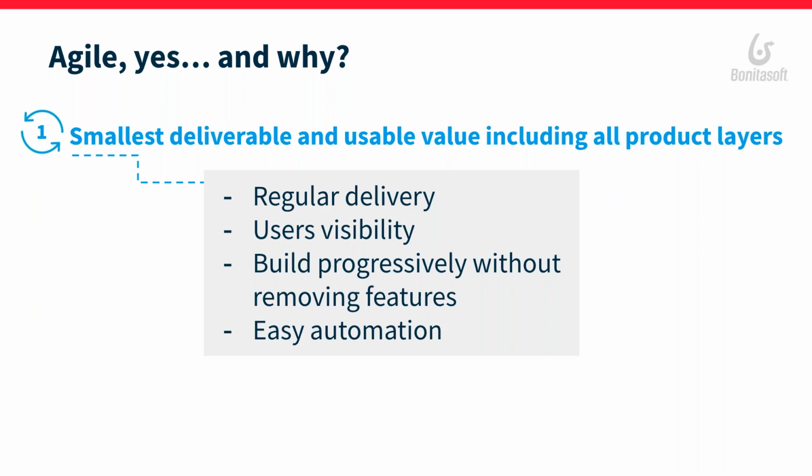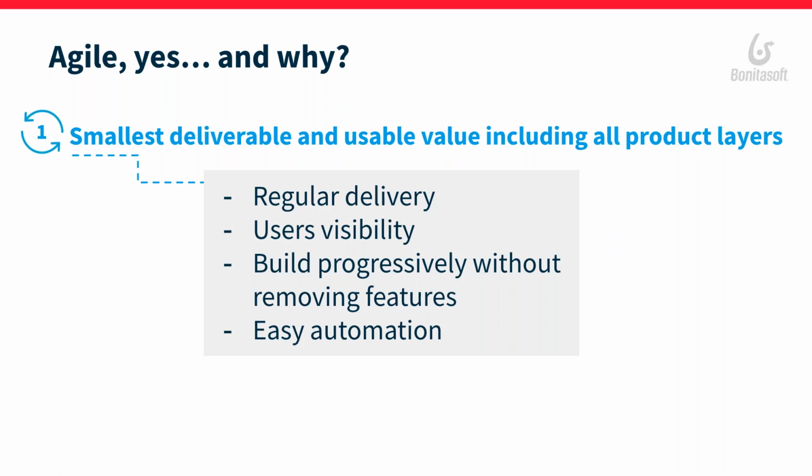Also, why? Because it's easy to automate. If you do that, you will do your best, and that's what we advise you to do, to use the automation tools and also the collaboration tools, Git, Jenkins, and so on. So that's what we suggest, and that's what we do at Bonitasoft.